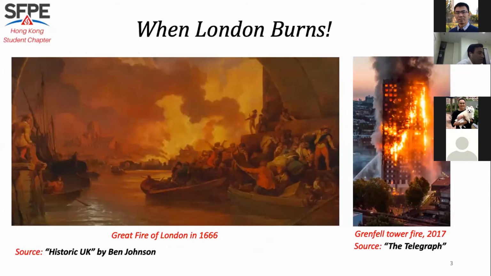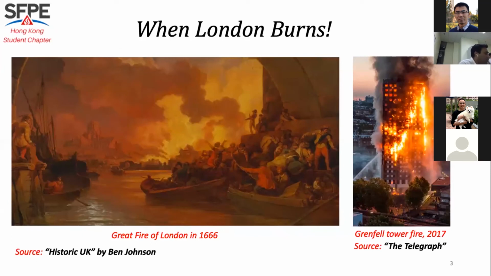Especially engineers, they learn most from mistakes, more than from their successes. These two pictures represent two different fires in the same city, London. The first picture shows the fire of 1666, known as the Great Fire of London. The fire started in a bakery and lasted for 4 days.